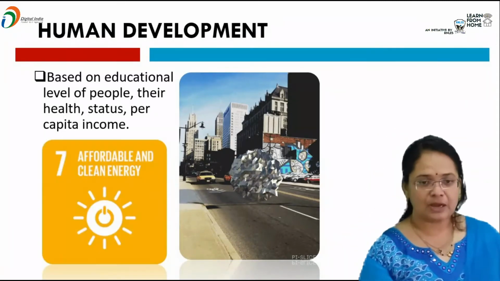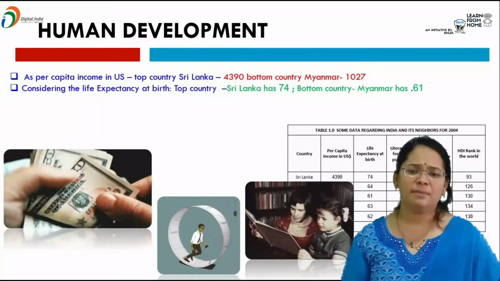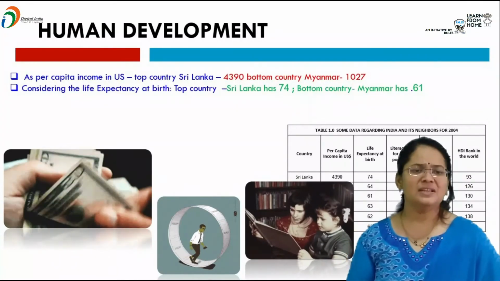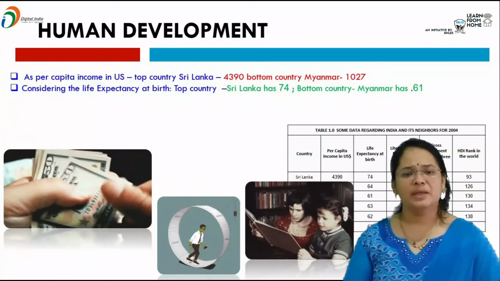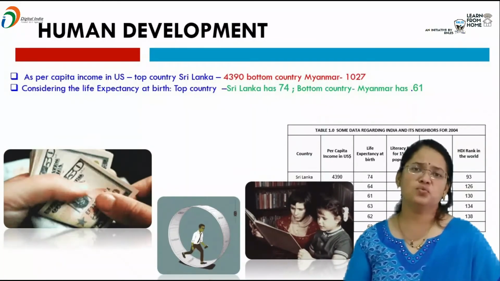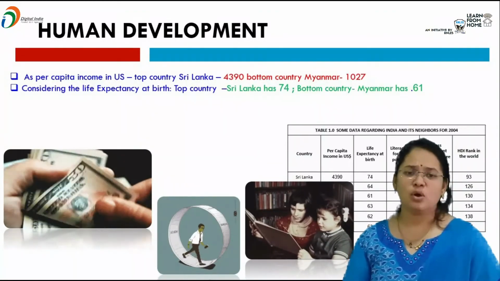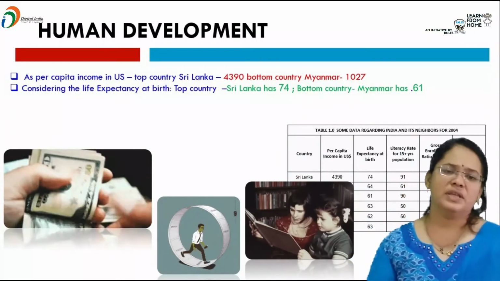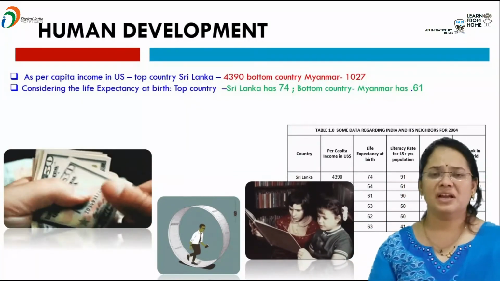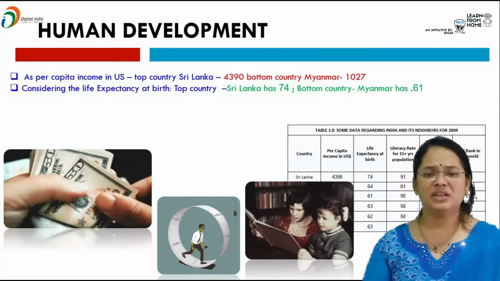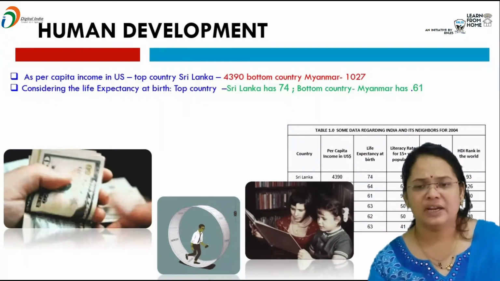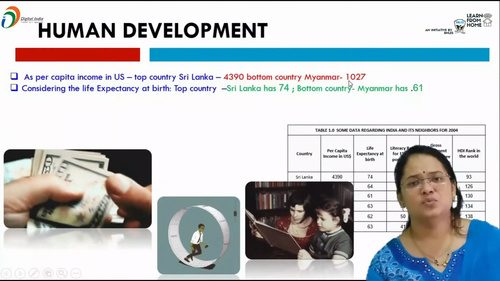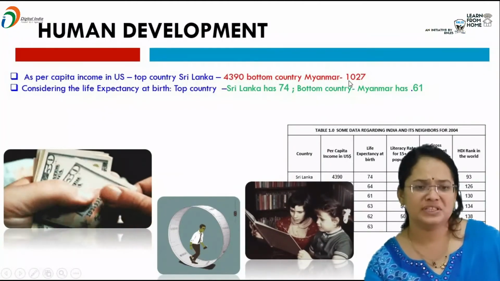Okay. Now, in case of human development, take an example here. The chart is showing you the per capita income in different countries worldwide. The top country mentioned is Sri Lanka, with 4,390 as the figure, and in case of Myanmar, it is 1027.